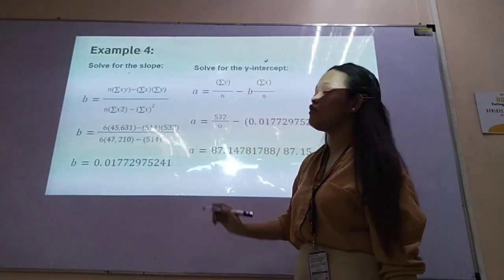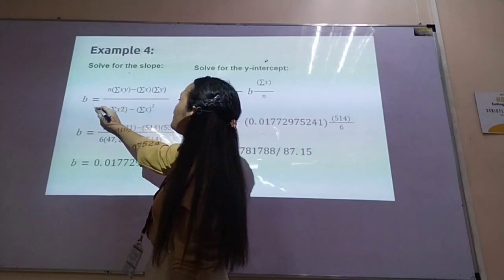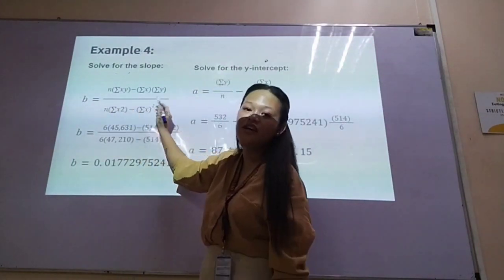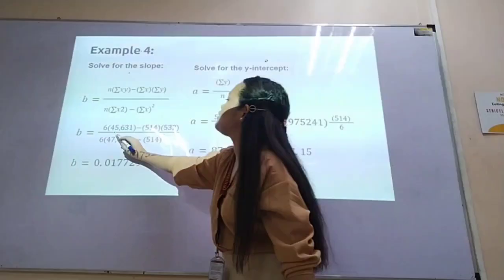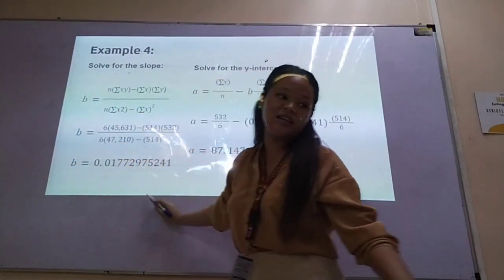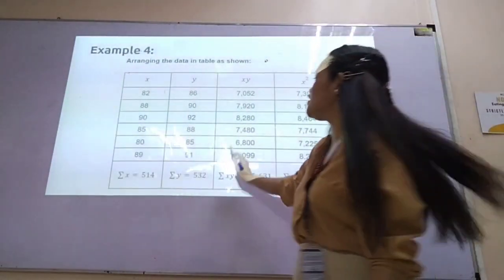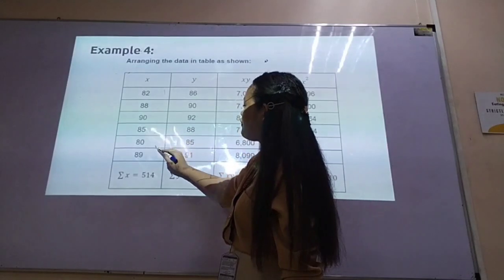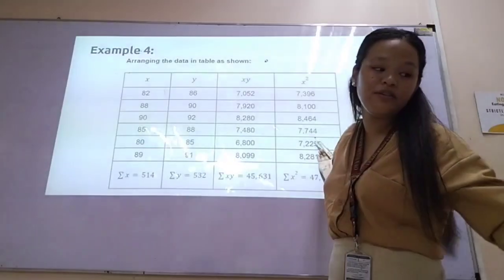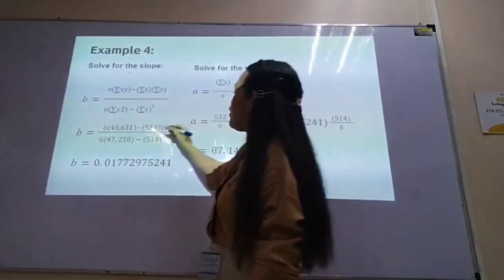So first, we're going to look for the slope. We're going to use this formula. As I have said, we're going to substitute. The number of variables is 6. Here, as you can see, 1, 2, 3, 4, 5, 6. We have 6 variables, so that's what we're going to put.